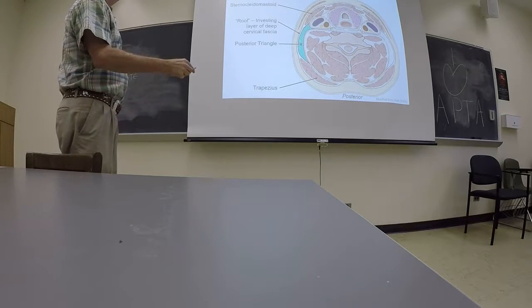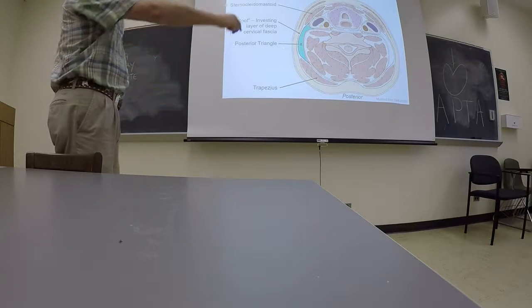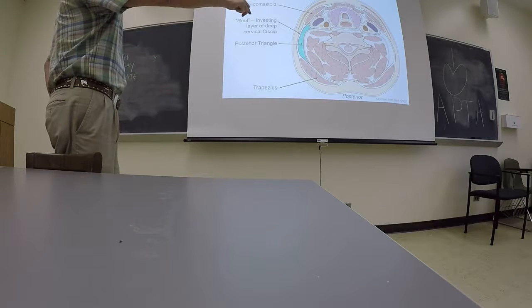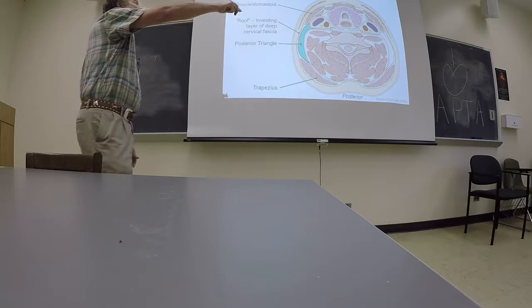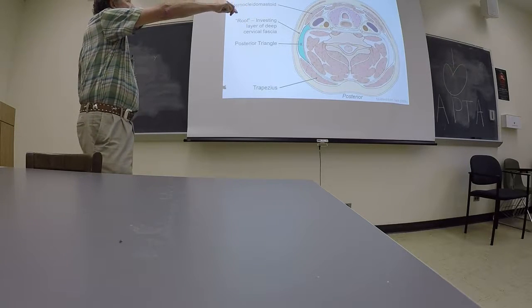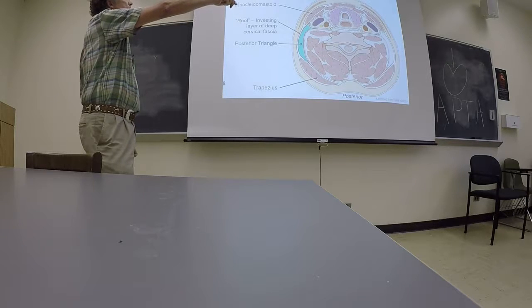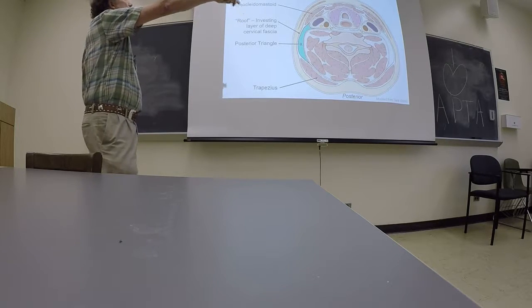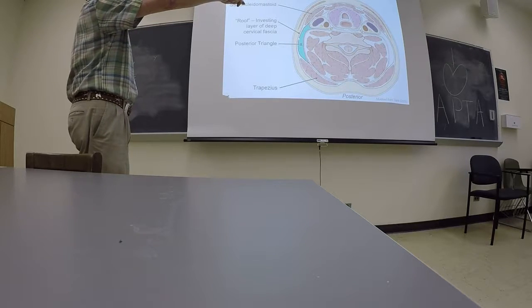One thing that will become extremely obvious to you in the course of your dissection is that this posterior triangle out here has a lot of fascial sheets around it. What is referred to as the roof of this posterior triangle is formed by what's called an investing layer of deep cervical fascia.